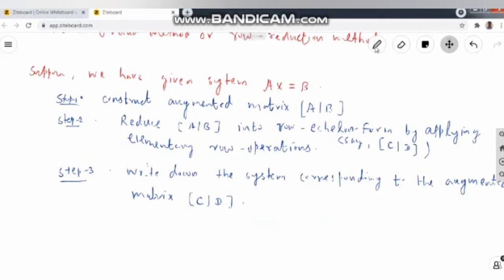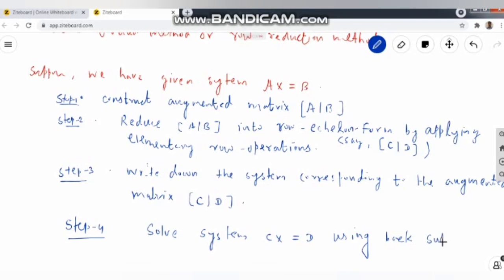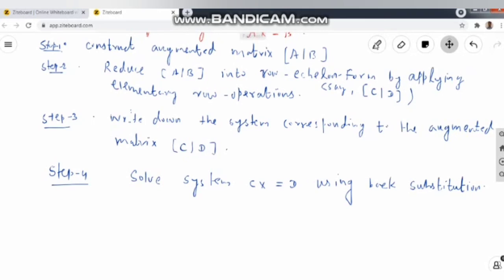Whatever solution we obtain will be exactly the solution for the given system of linear equations. This is what the theorem says.